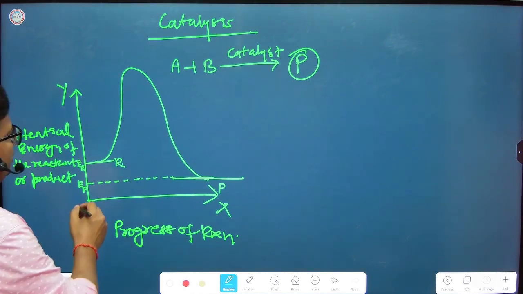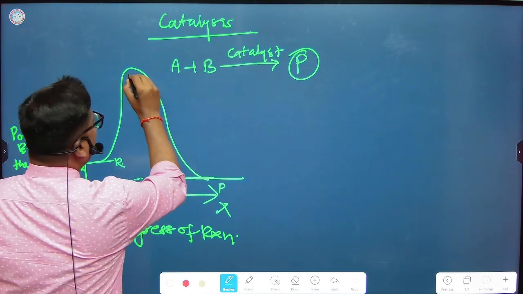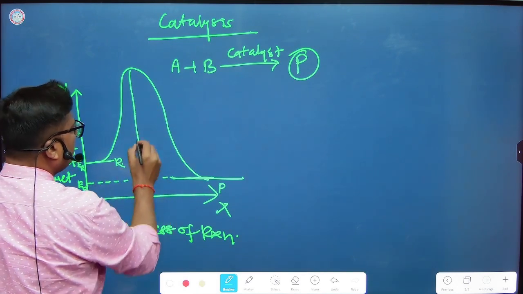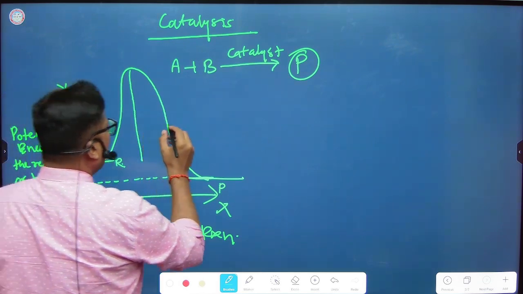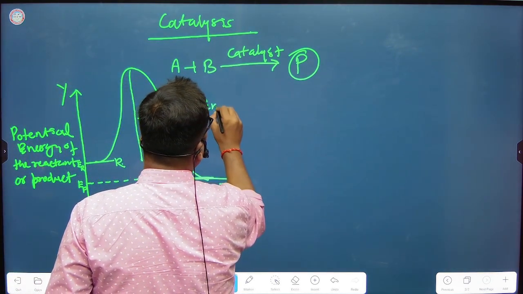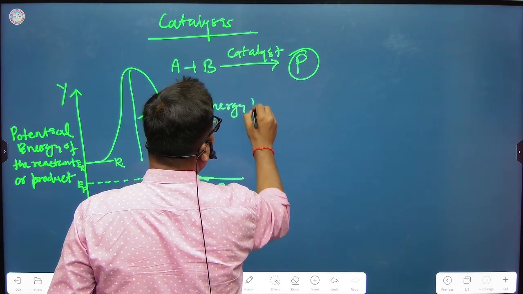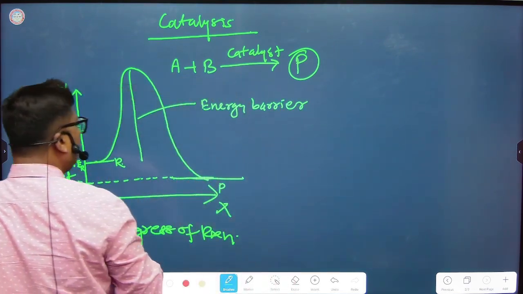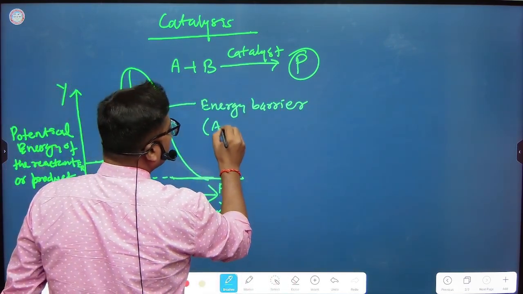Now this height, right, is called the energy barrier, or simply you can say this is the activation energy.